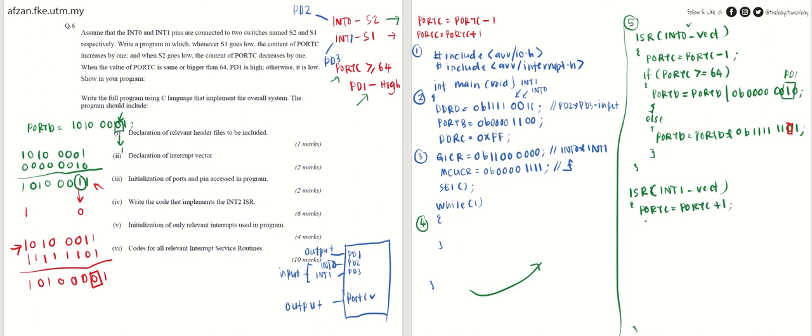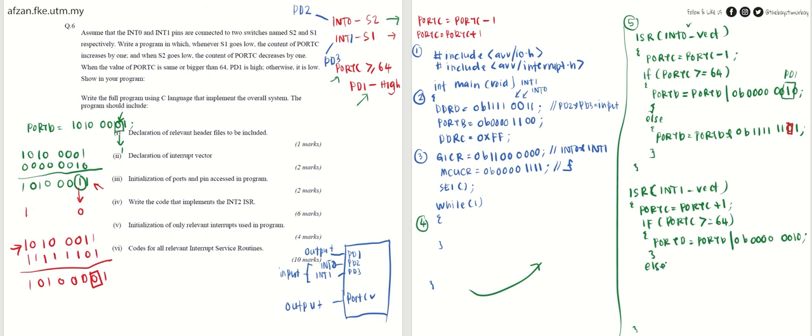After you increase PORTC, you need to check whether PORTC is greater than 64 or not. So you use an if: PORTC greater or equal to 64. If yes, just copy back this line here: PORTD equals PORTD OR with 0B00000010.